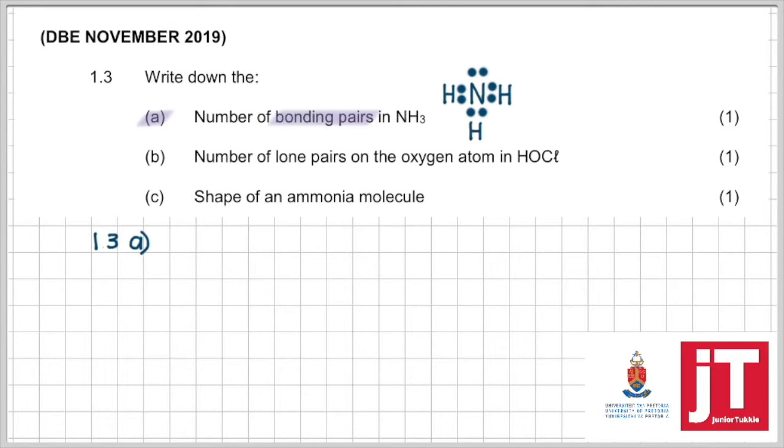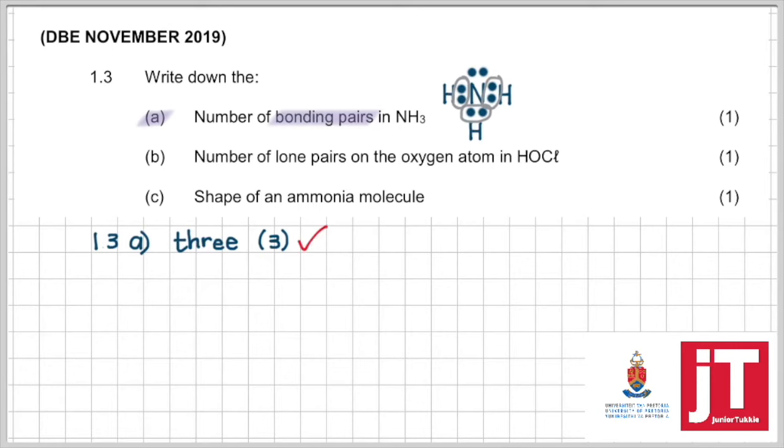We can count the number of bonding pairs in our Lewis diagram, and we find that in ammonia there is 1, 2, 3 bonding pairs. So the answer to question 1.3a is 3, and for this you obtain 1 mark.